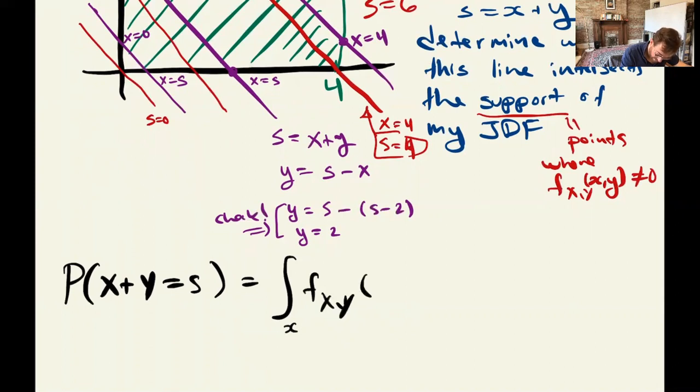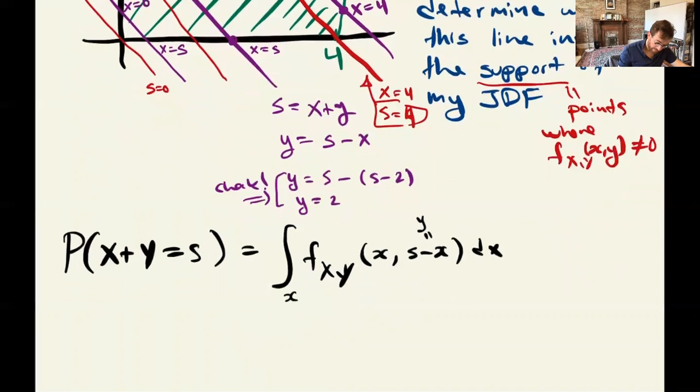All we're doing here is looking at the places where x plus y equals s, which is the same thing as saying that x is x and y is equal to s minus x, right? Because this is y dx. And so the purpose of this exercise above was we just had to figure out what were our limits of integration as a function of s.